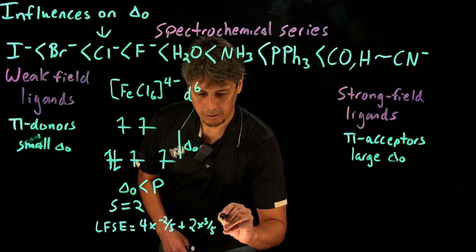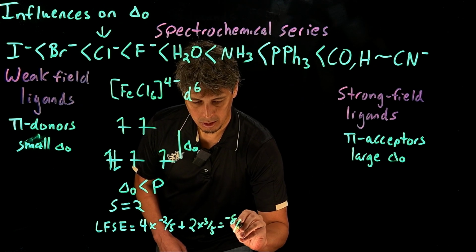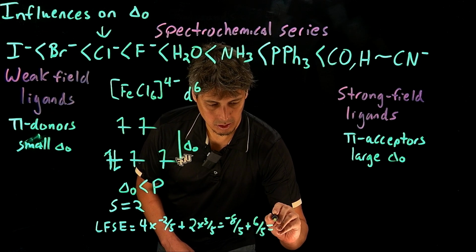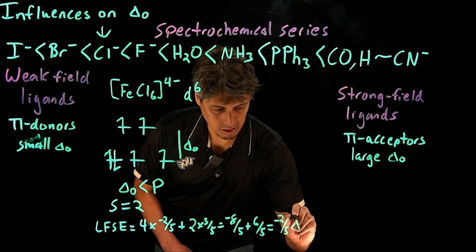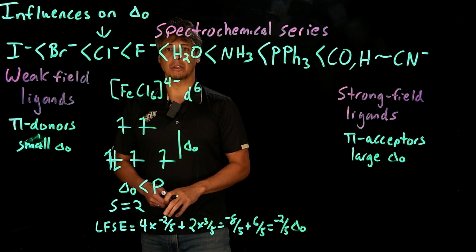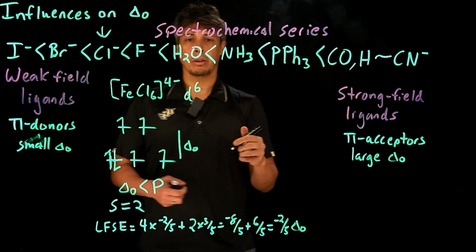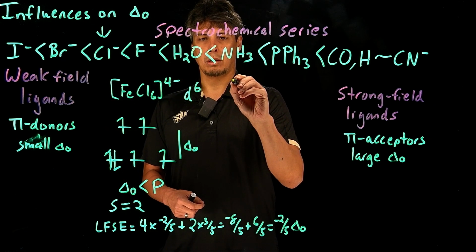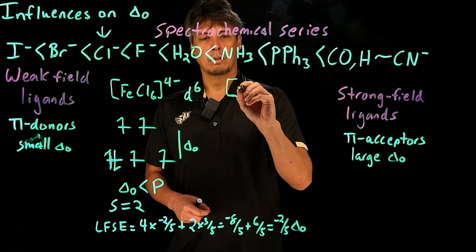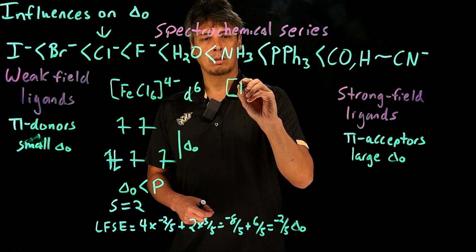Okay, that's going to be -8/5 plus 6/5 equals a -2/5 delta O ligand field stabilization energy.